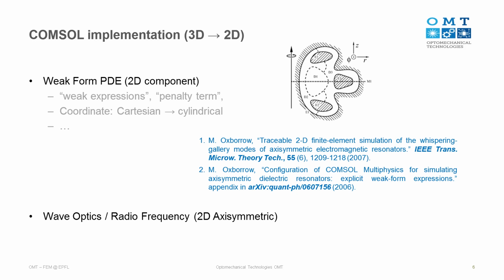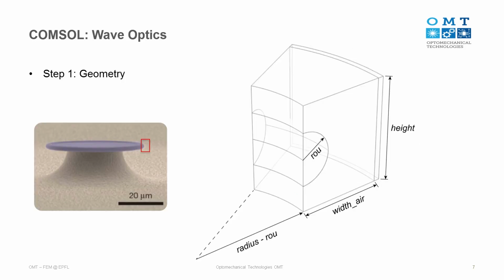So in this presentation, I'm going to focus on Wave Optics and using the 2D axisymmetric model, because it's finally implemented. So if you have COMSOL already installed, you need to open it and then go to Wave Optics.